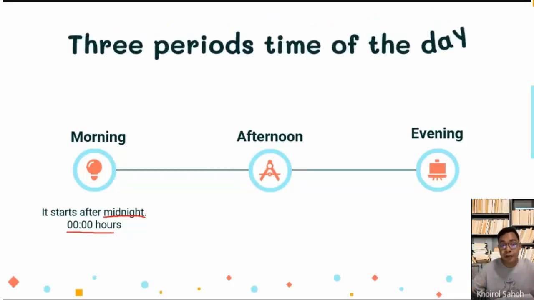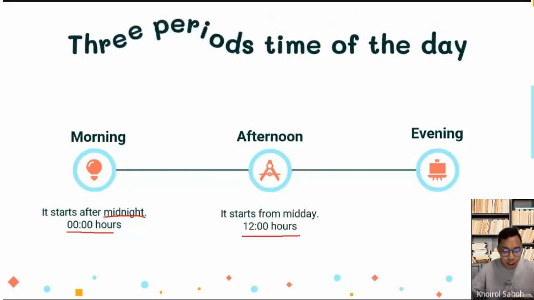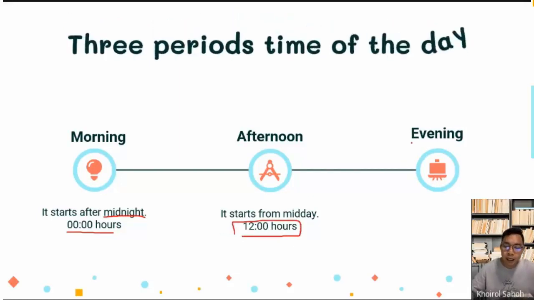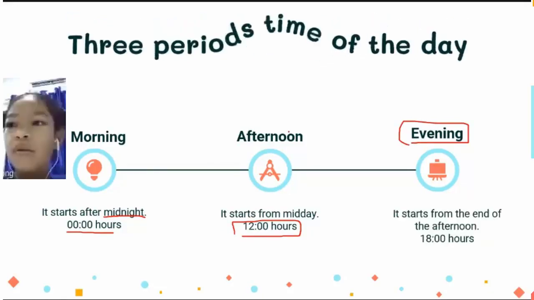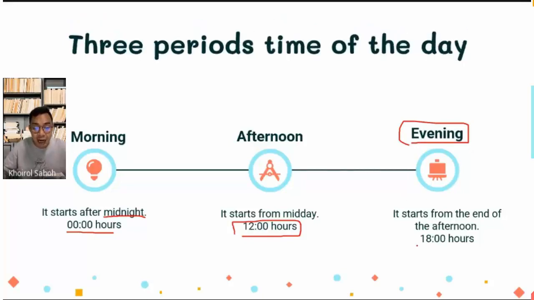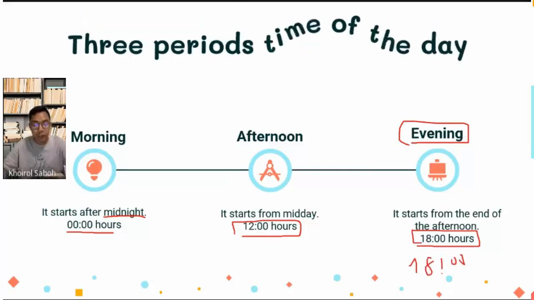When the afternoon starts, it starts from midday, 12 hours. What about evening? Basically evening starts from 6 o'clock, the end of the afternoon. It's 18 hours, which is 6 in the evening. Very good.